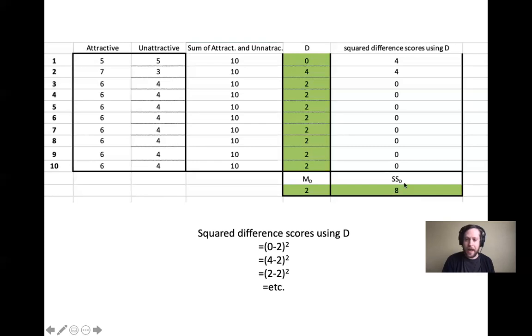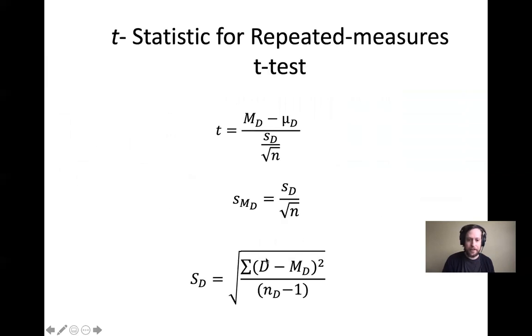And so 8 is this number because 4 plus all of these zeros equals 8. So basically what we've done so far is the numerator of this. We took each difference score minus the mean of the difference scores, which was 2, square those things, and then add them all up. And when we did that, it equaled 8.